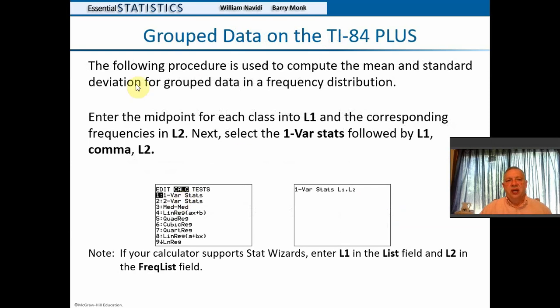Okay, so we can do group data as well in the TI-84 Plus. If we put the midpoints into L1 and the frequencies into L2, that's list 1, list 2, and then we do the 1-Var Stats, and we just have to tell it that we're going to use L1, L2, which lets it know that we're talking about basically a histogram type situation.